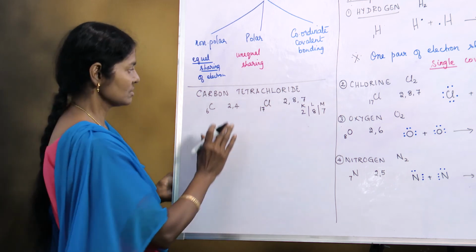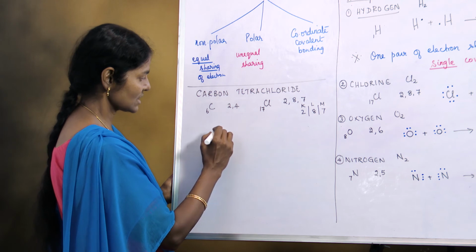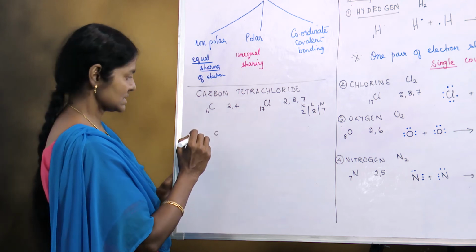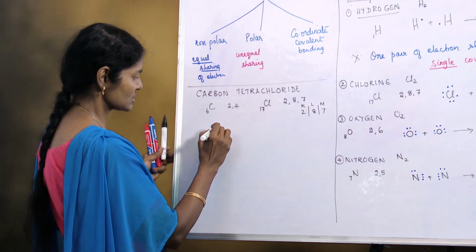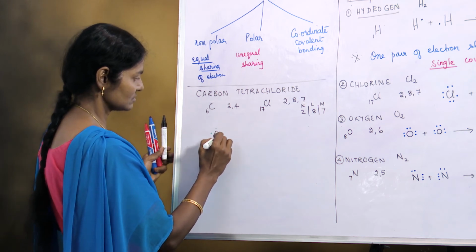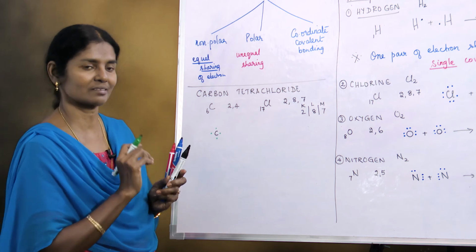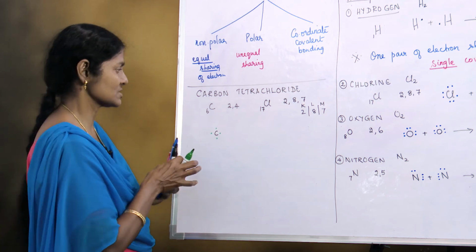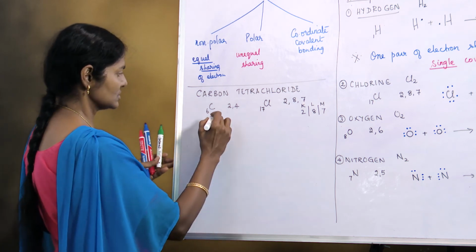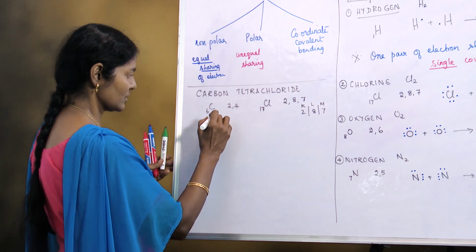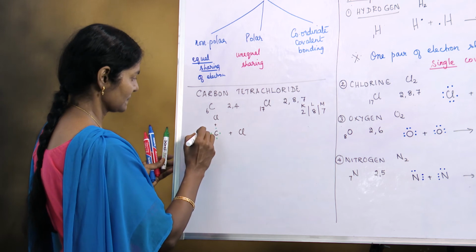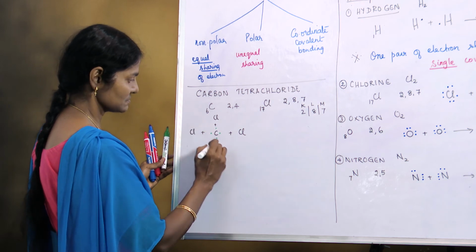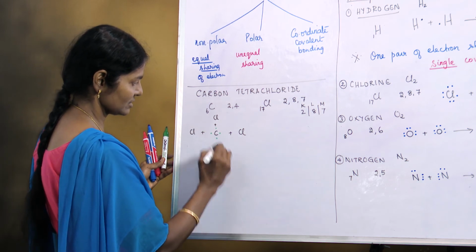Now we have this carbon atom in the center with 4 electrons and it needs to share with 4 more elements. And we have a chlorine atom here, another chlorine atom here, another chlorine atom and a 4th one here.